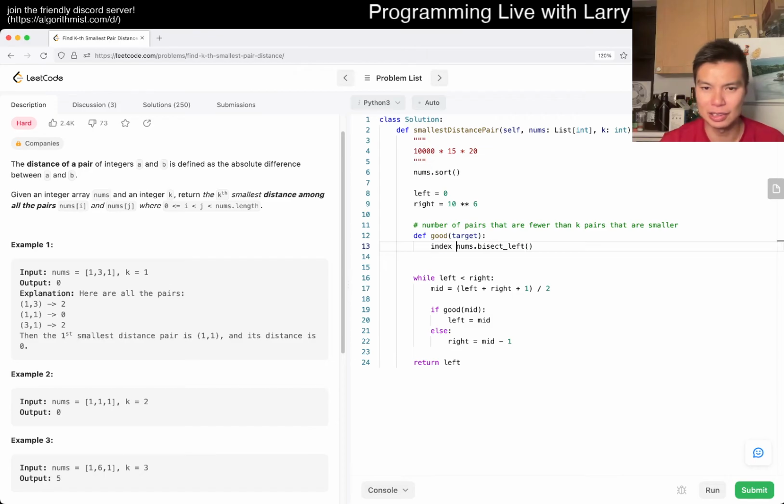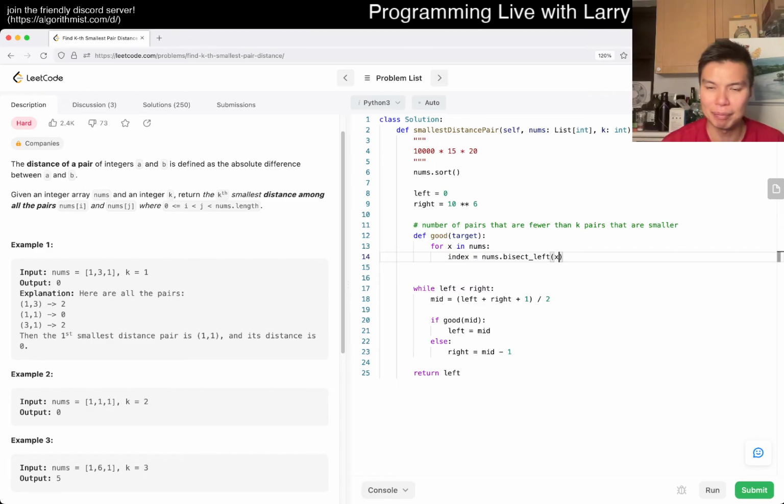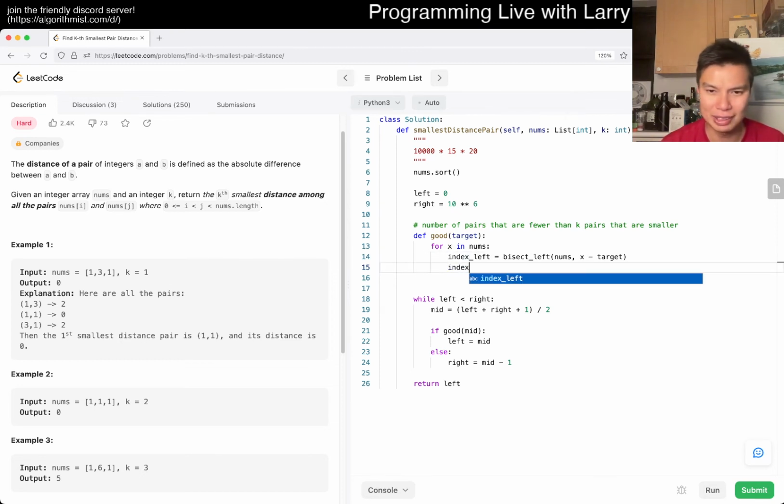Index is equal to, well, wait, we have to do it for x in nums, right? So this is x minus target, and of course I have to fix some stuff, but this is the idea, right? Something like that.